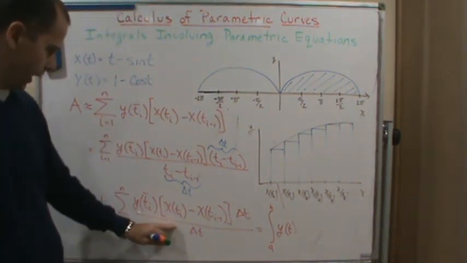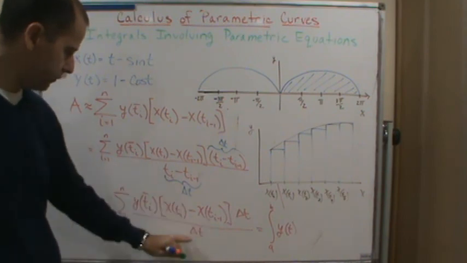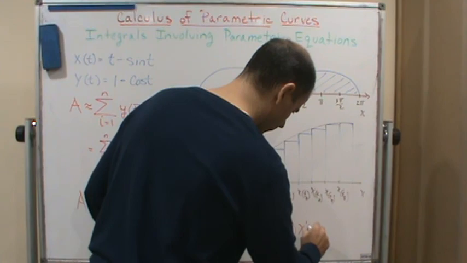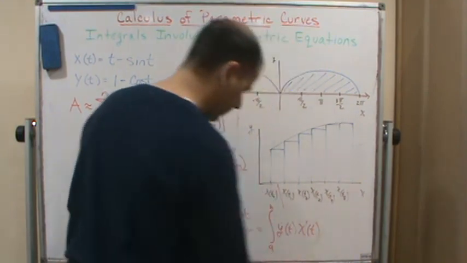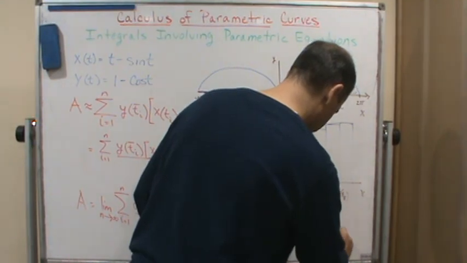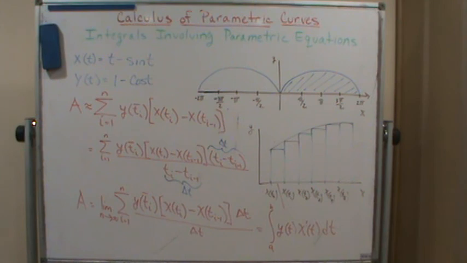This just becomes x prime of t. And this becomes dt. And we get the result.